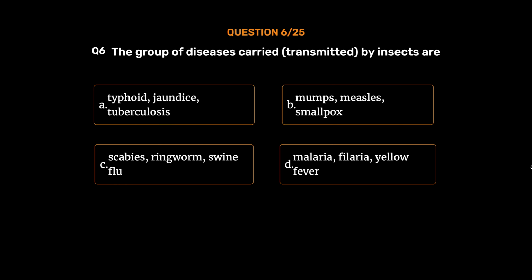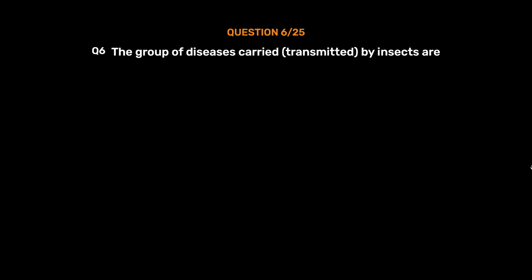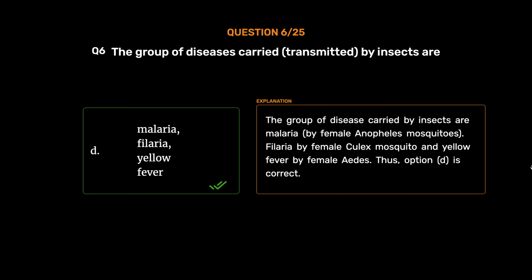The correct answer is Option D. Malaria, filaria, yellow fever. The group of diseases carried by insects are malaria, by female Anopheles mosquitoes, filaria by female Culex mosquito and yellow fever by female Aedes. Thus, option D is correct.